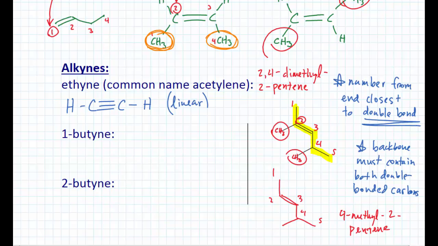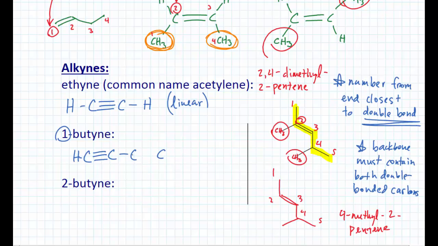So 4 carbons. There's a triple bond, and what does this number 1 mean? That's where, yeah, the triple bond starts at the first carbon. So let's do HC, okay? And then no H's on that one. And then we've got carbon 3 and carbon 4.